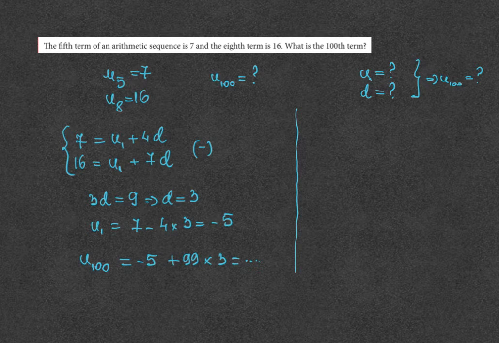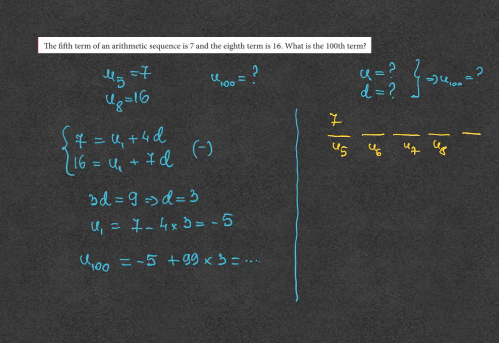It is often useful to think about it intuitively. Let me think in this way. If this one is u5, and that's 7, I have u5, u6, u7, u8, and I know that u8 is 16.